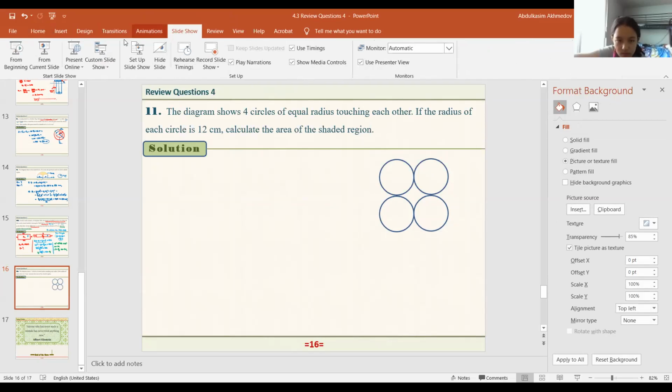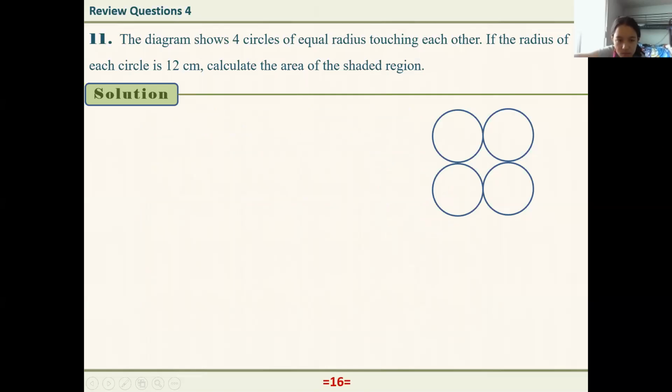Okay, Shahina, here we are given 4 circles, all right? The question is, here it is shaded, all right, here. I can just shade this. So the question is, calculate the area of the shaded region.